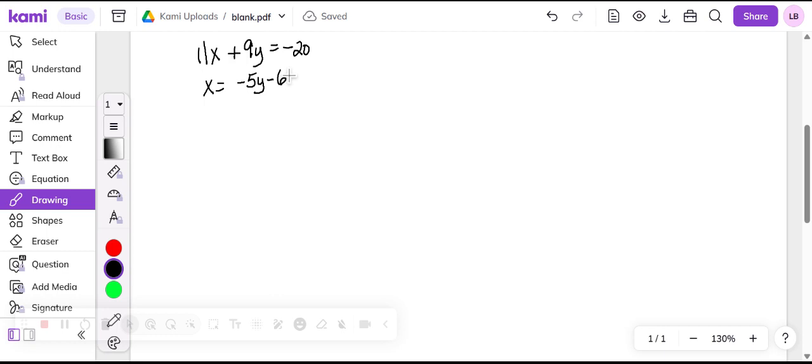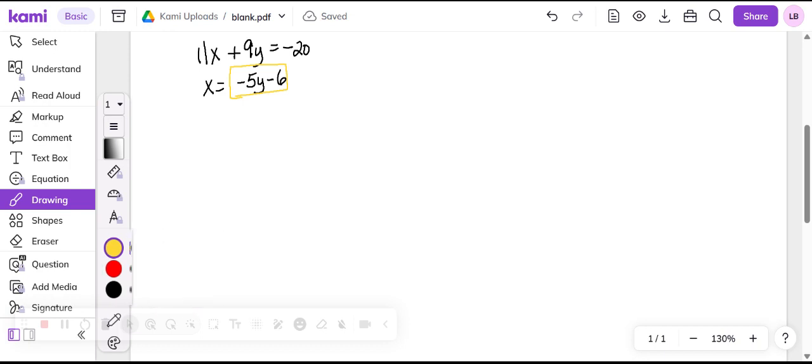In order to do this, we substitute the value of x into our original equation. We have the value of x right here. We don't know the value of x as a specific number, but we can replace x with the expression negative 5y minus 6.